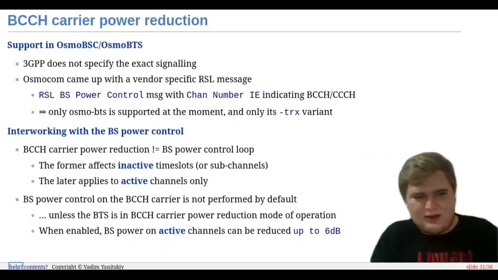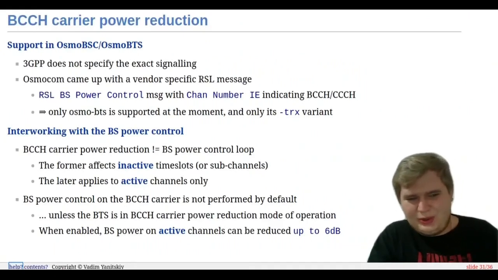How does this play together with the BS power control? It should be noted that it's not the same. It's not a BS power control loop. It's a static reduction for inactive time slots, or subchannels of the time slots, while BS power control applies to active channels only.